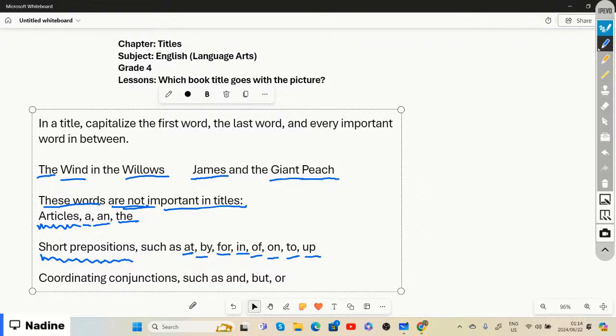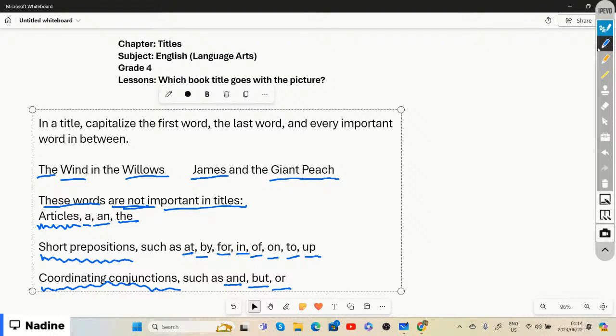And then lastly, also coordinating conjunctions, right? Conjunctions, but specifically coordinating conjunctions, are not important. Coordinating conjunctions are words like and, but, or, and maybe so.